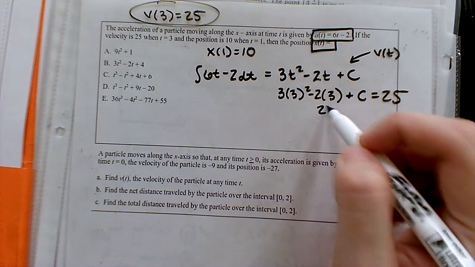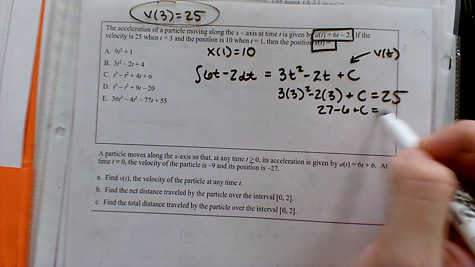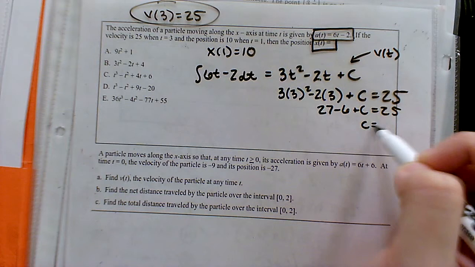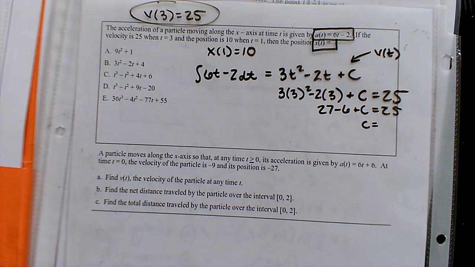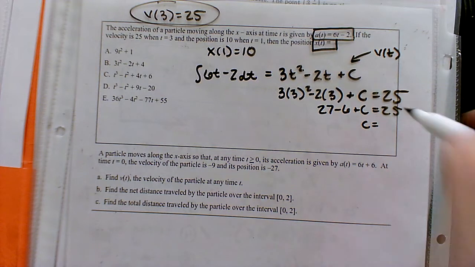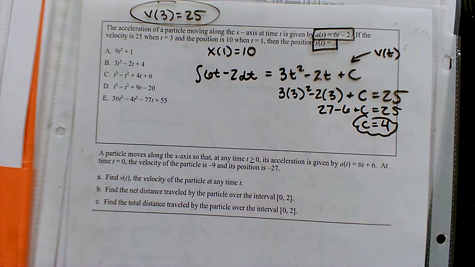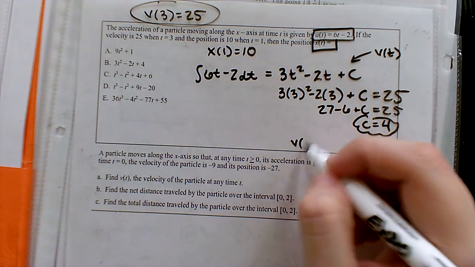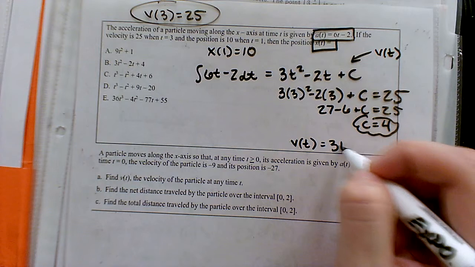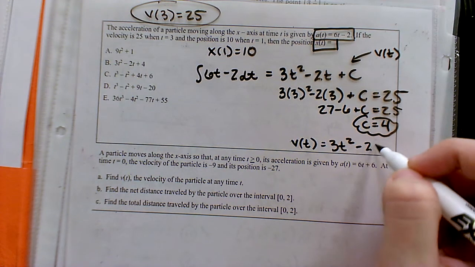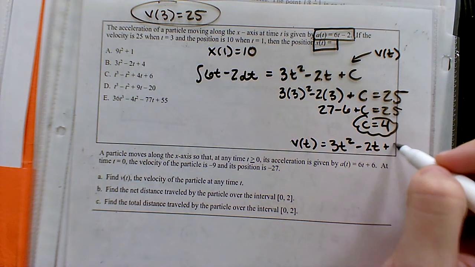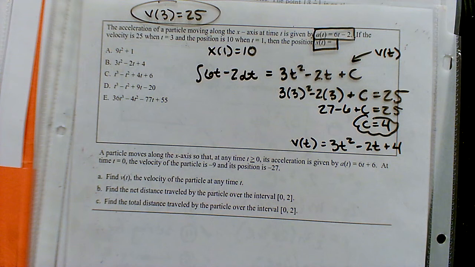Let's see, 27 minus 6 plus c. C is 4. That work out? Okay, so velocity is 3t squared minus 2t plus 4.